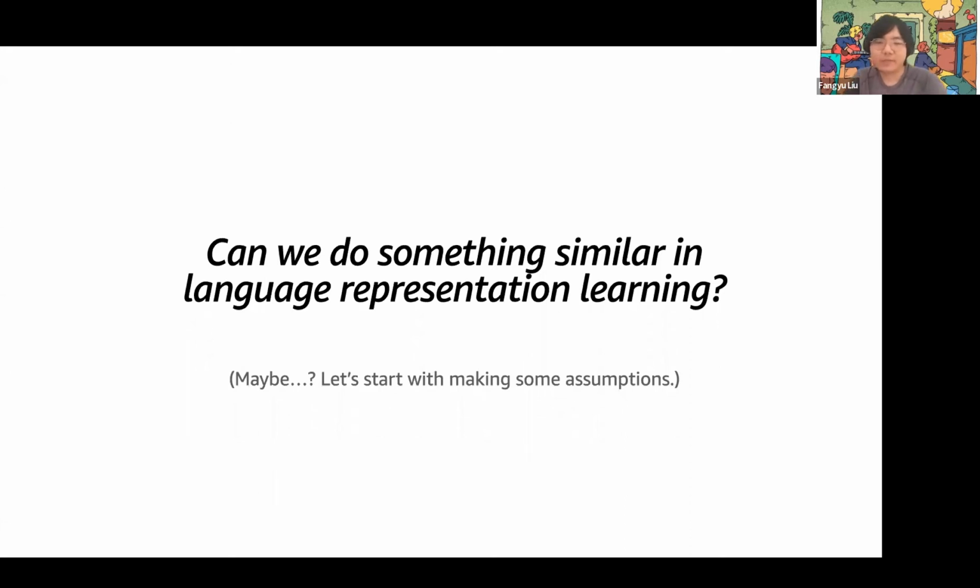So we think we can, but we need to make some assumptions before we do this, because text data augmentation is completely different from visual data augmentation. It's very hard to crop a sentence while still preserving its semantics. While for images, if you crop a part of it, it's still quite straightforward for one to tell whether this is a dog or a cat.